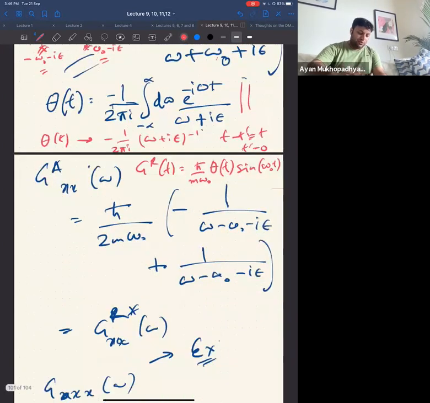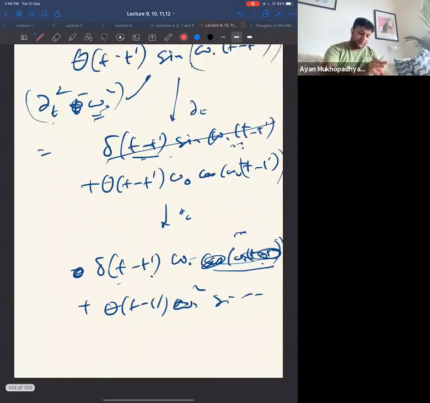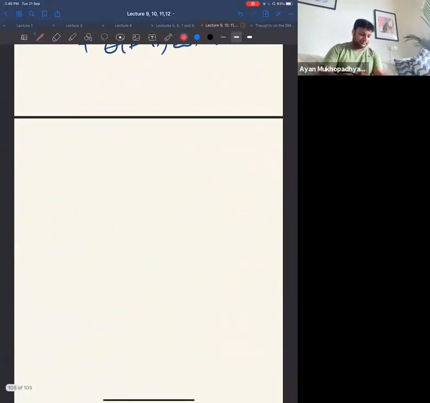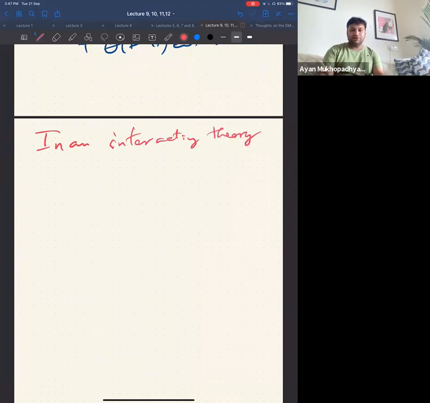So let me already tell you what is going to happen in the interacting theory. This is also true for quantum mechanics. So you have G^R(omega) will be h bar by m omega naught, right?